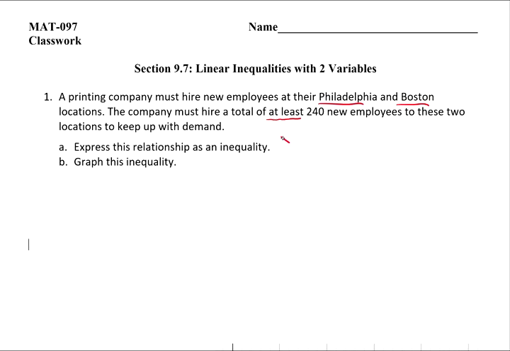So let's say X equals the number of employees in Philly, and let's say Y could equal or represent the number of employees in Boston. I don't mean total employees, I mean the number hired for Philly and the number hired for Boston.